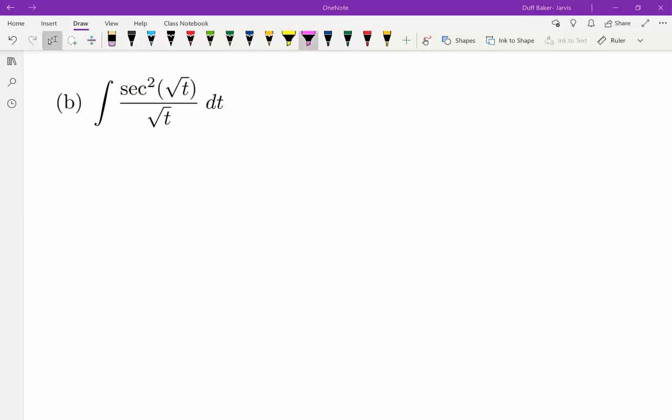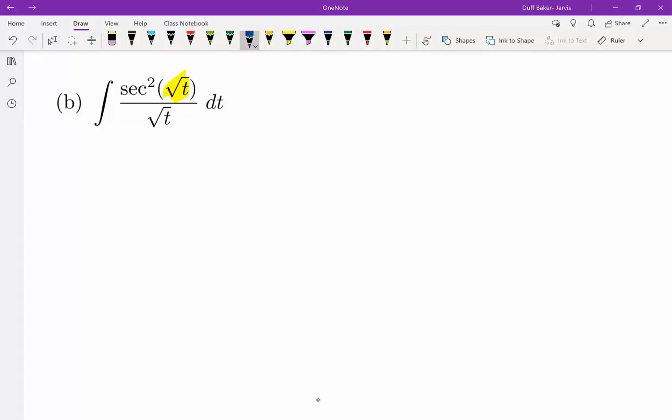So in this one, the thing that jumps out immediately when I look at this is that this is an integral involving a secant squared. I know what the antiderivative of secant squared is, but I don't know what the antiderivative of secant squared of root t is.